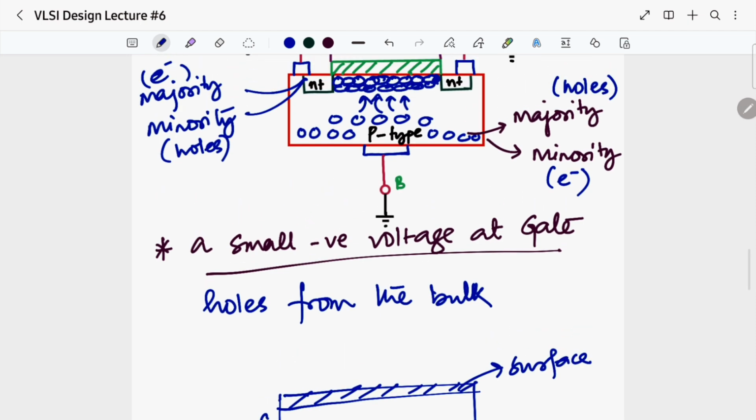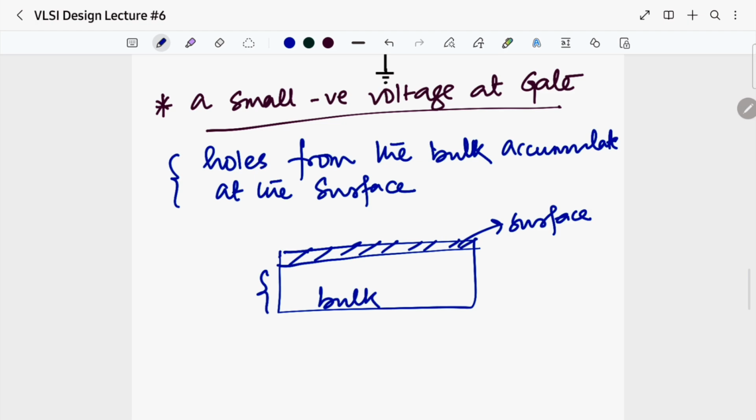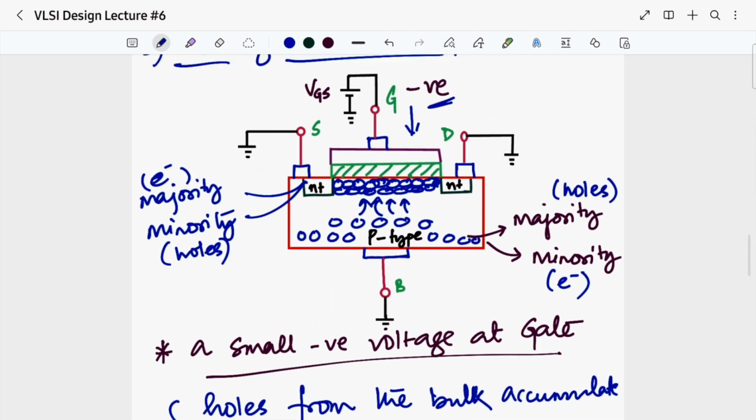So holes from the bulk accumulate at the surface. All right, so we have gathered the holes from the bulk of the p-type semiconductor towards the surface.